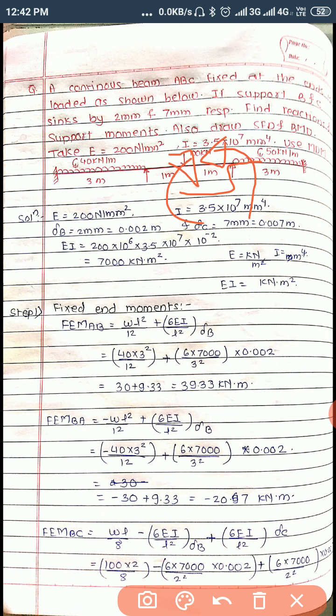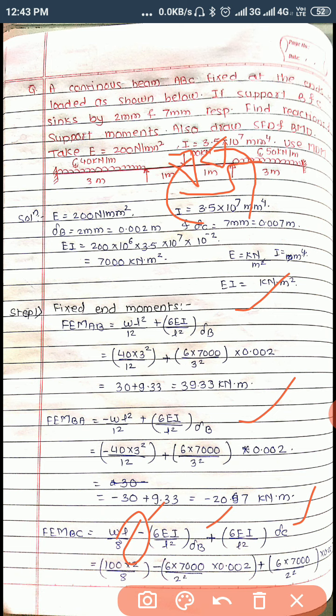We are going to consider the sign conventions for the resisting movement. That's why the sinking at support C is considered as positive, and moving from C point to B point it will create a negative movement, clockwise negative.